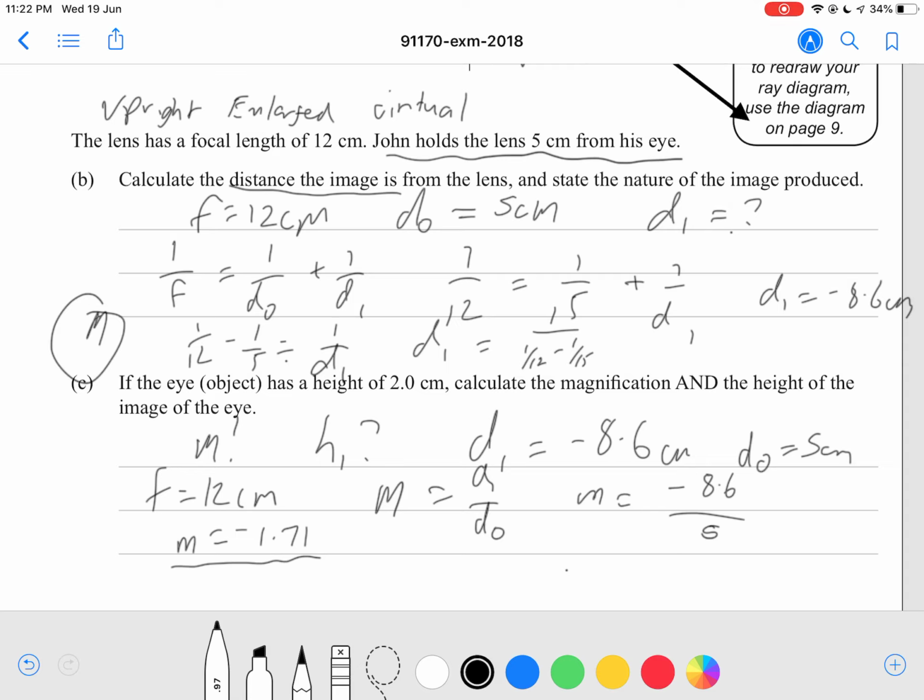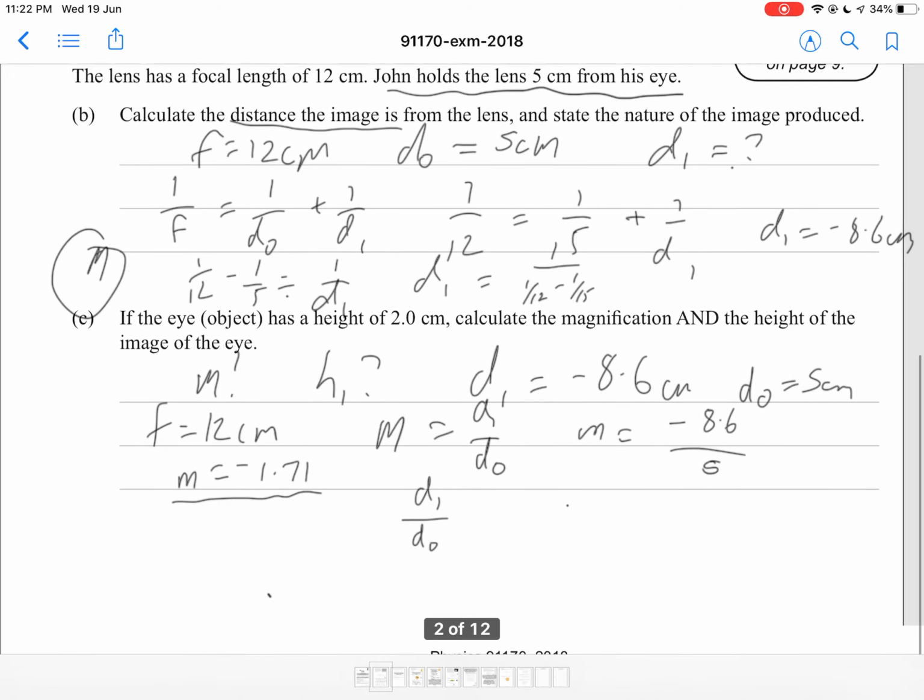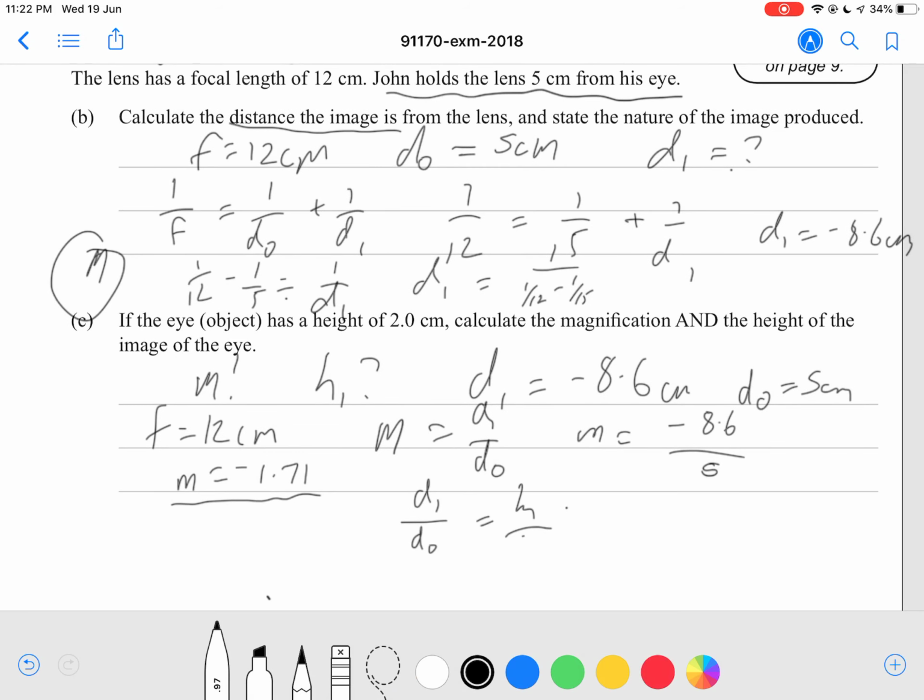Di over do equals hi over ho. Our di works out to be negative 8.6 divided by do, which is 5, and that equals hi, which we don't know, divided by ho, the height of the object.